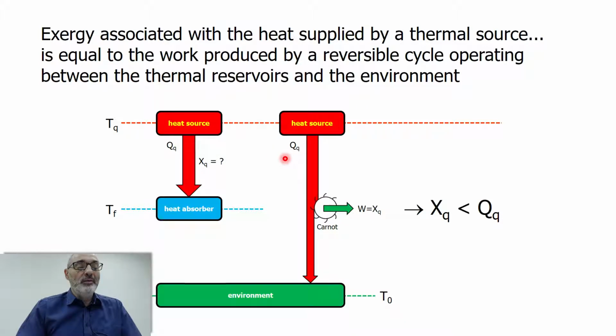And we know that due to the implications of the second law of thermodynamics, Xq is smaller than Q. We know that because this difference, Tq minus T0, which is the environmental temperature, is less than infinity. It's a finite temperature difference. So that's, let's say, the electronic circuit of our exergy meter.